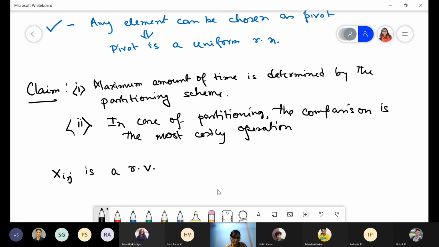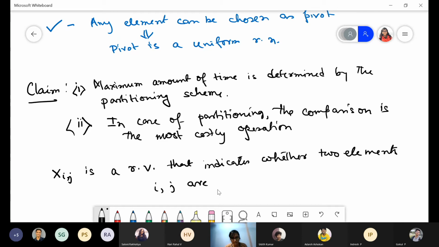If two elements are compared, then that operation I represent as a random variable, and that random variable is my xij. So xij is a random variable, an indicator variable, that indicates whether two elements i, j are compared.